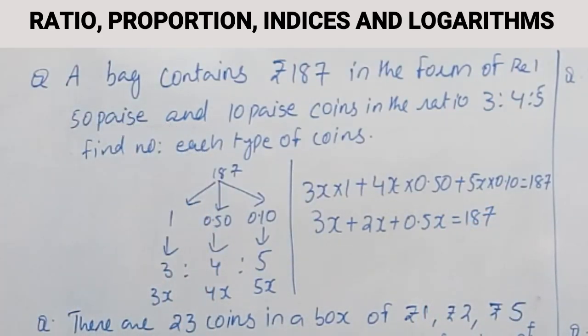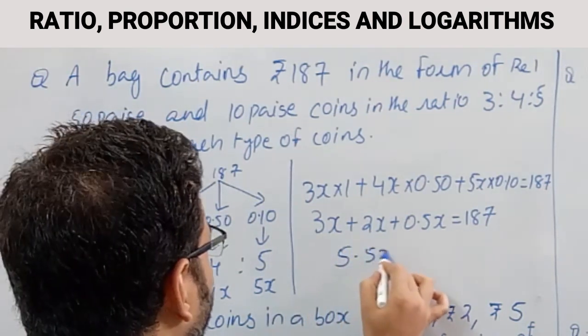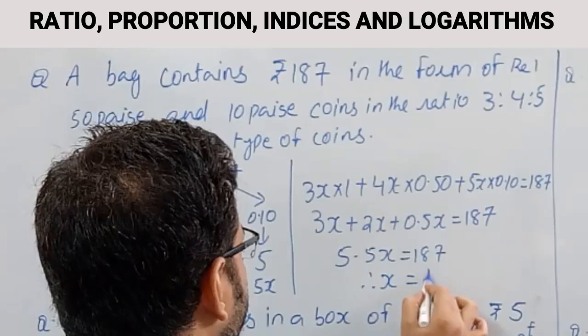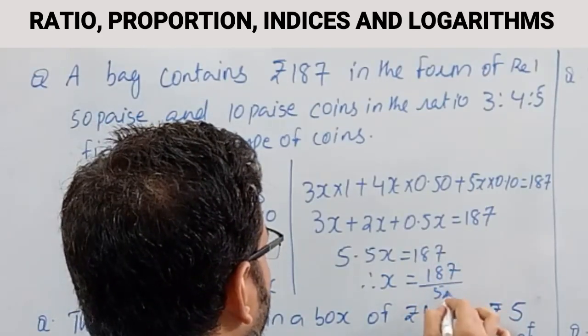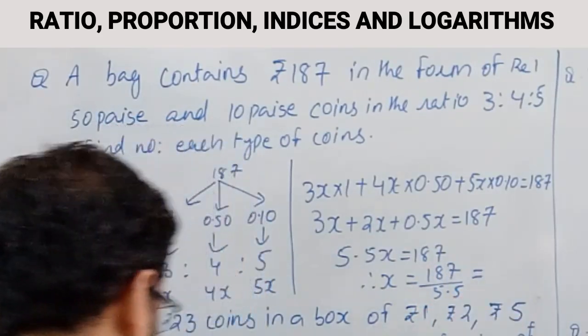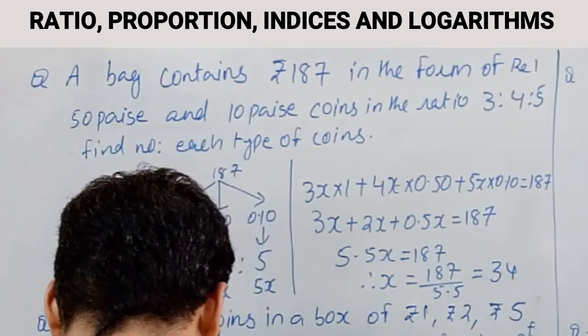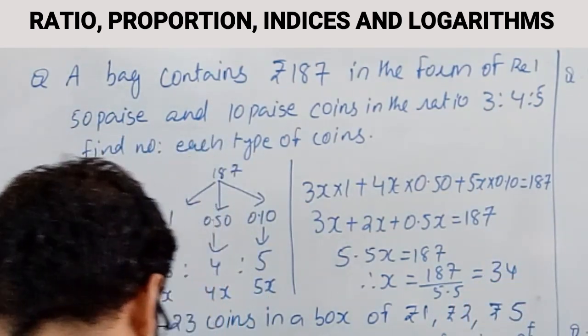So that means 5.5x is equal to 187. Therefore, x is equal to 187 divided by 5.5 is equal to 34.